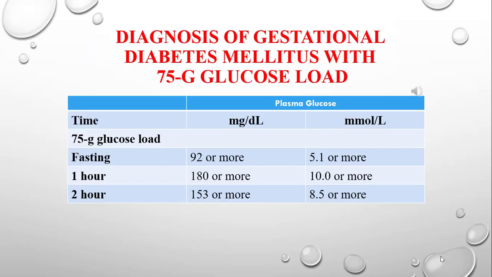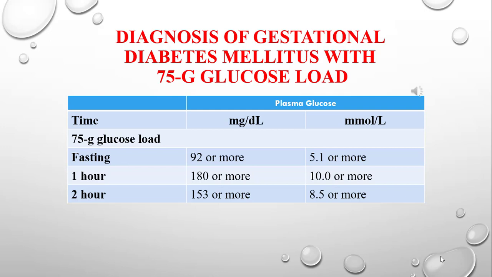Following is the criteria for diagnosing gestational diabetes mellitus with a 75 gram oral glucose tolerance test. In the fasting state, 92 or more milligram per deciliter of glucose in the blood.